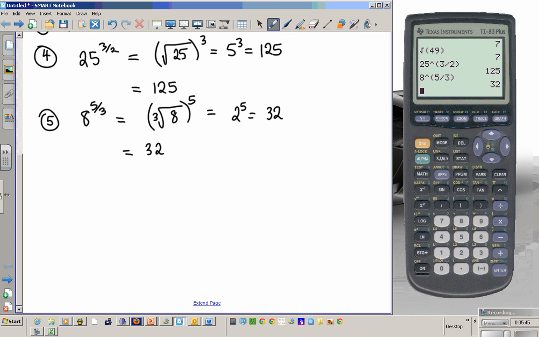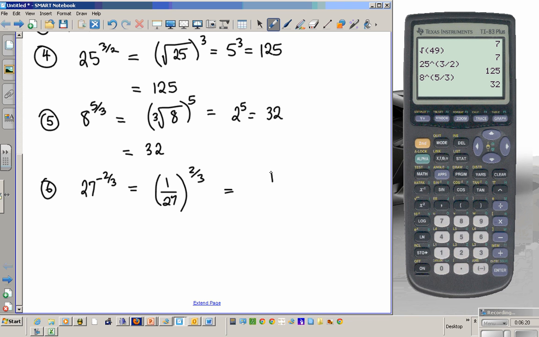Now let's try another example where we have a negative exponent. For example, number 6. Let's say we had 27 raised to the negative 2/3. Something like this is going to have an approximate answer. If we do this manually, this becomes 1 over 27 raised to the 2/3, because the minus causes this to get reciprocated.